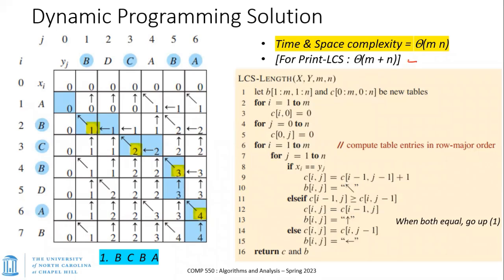For the original algorithm, both of these are m times n, and for the printing, it's simply m plus n, because you're picking a linear path through the two-dimensional matrix. So the complexity of the print LCS is a little smaller.